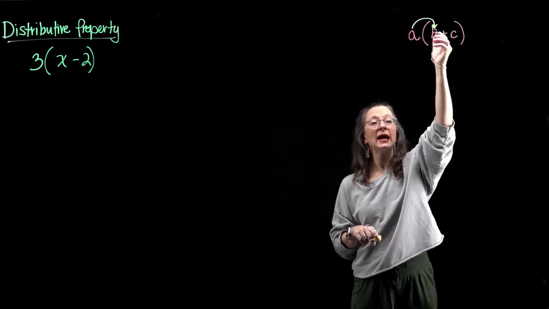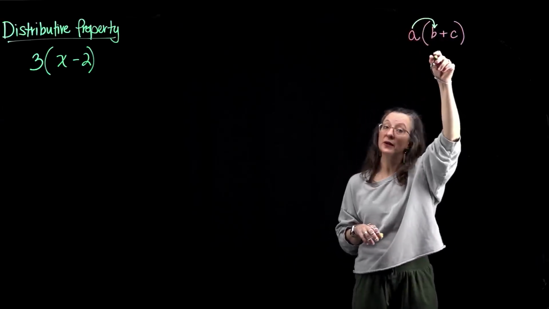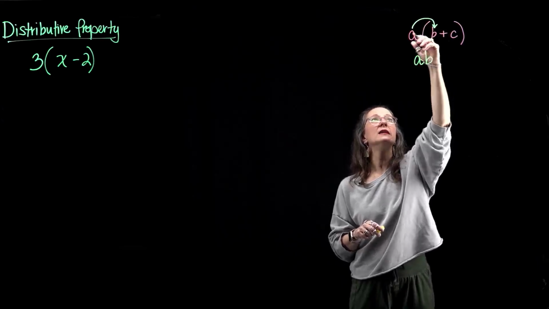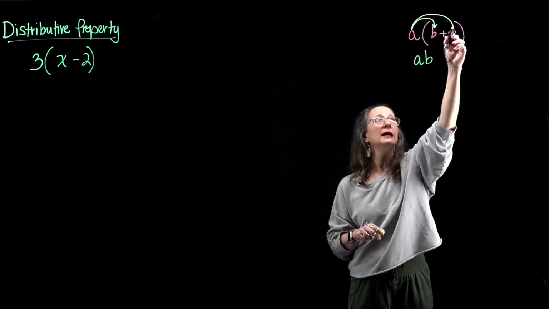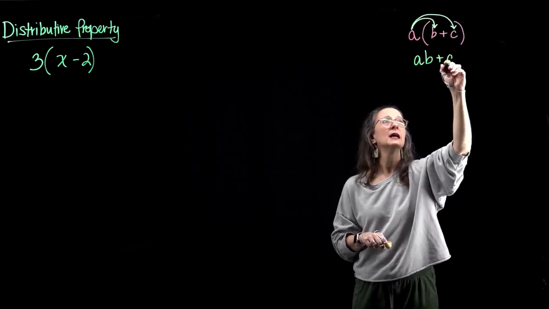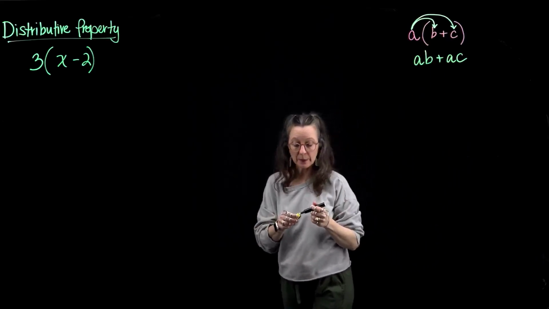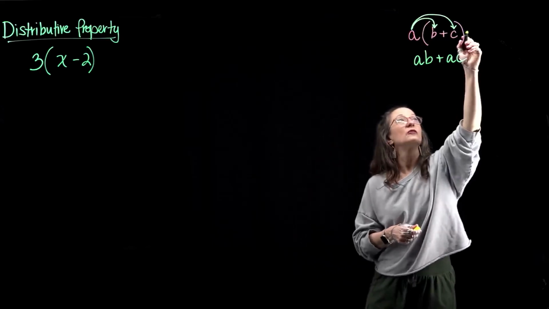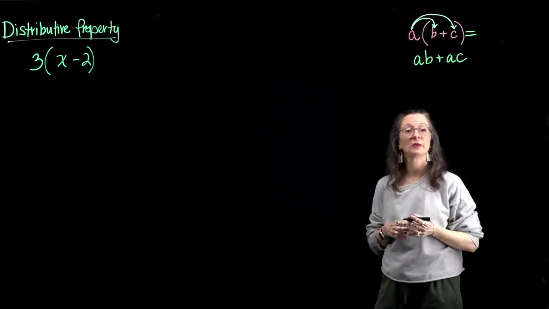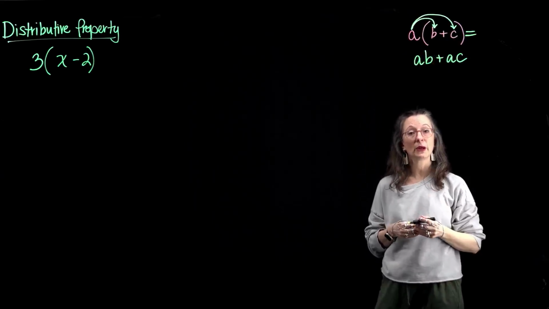So I'm going to multiply the A times the B, and I draw that arrow arcing from the A over the parentheses to the B. So I'm going to have A times B. And then next, I'm going to multiply the A times that positive C. So I will have plus AC. So A times parentheses B plus C will give me AB plus AC. So in the distributive property, we distribute the outside number to everything inside the parentheses.